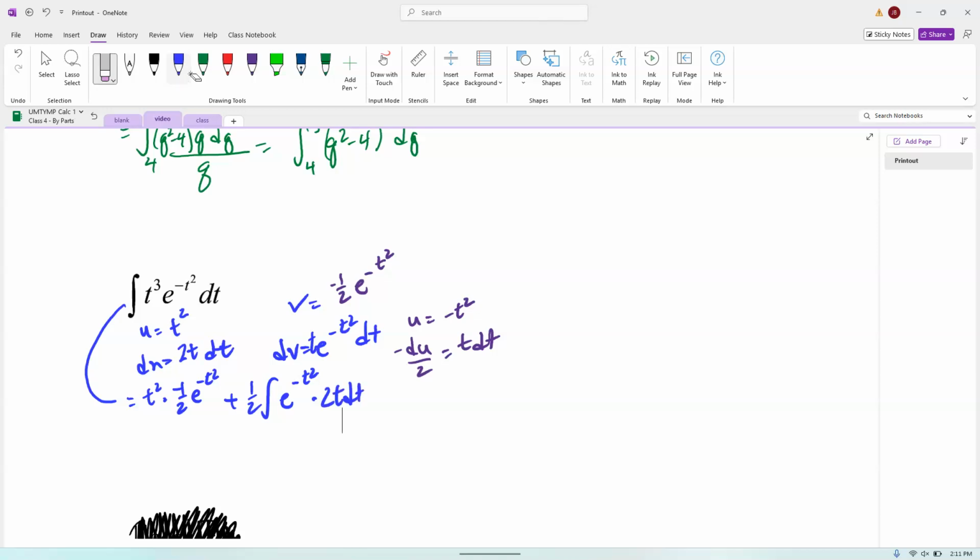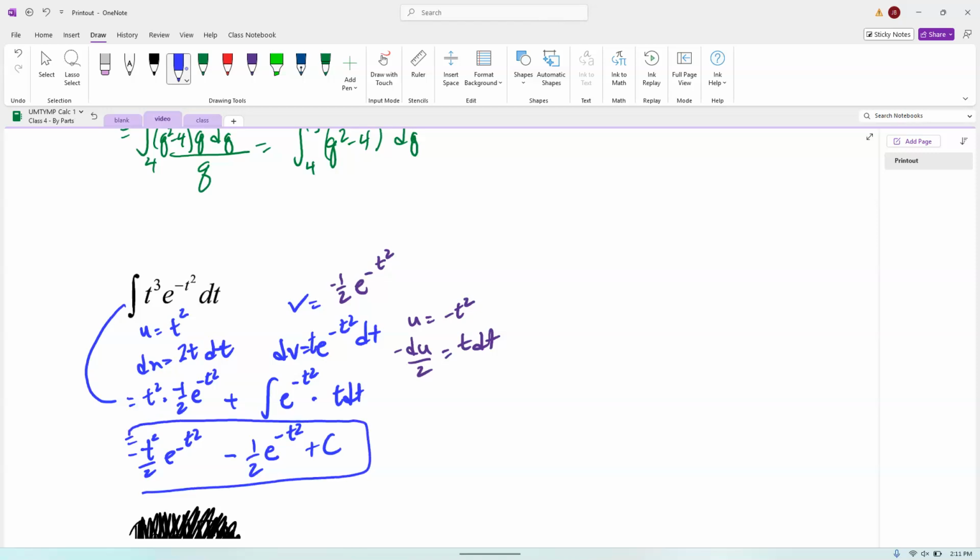And so then the 1/2s end up canceling out. And I believe we literally just did this integral, but we get negative t squared over 2 e to the minus t squared, and then minus 1/2 e to the minus t squared, all plus c.